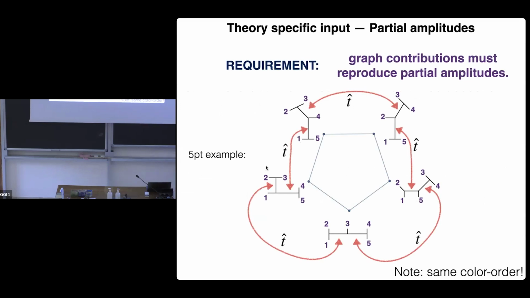So how do you find the graphs contributing to a partial amplitude? You take one graph of the color order you want, and then you apply T hats on all edges till closure, and that way you get all the graphs that contribute to your ordered amplitude of the same color order. So the T hat was the color order preserving operation.